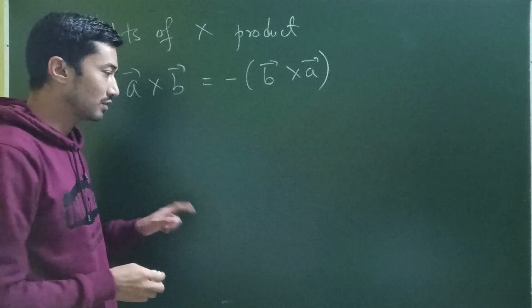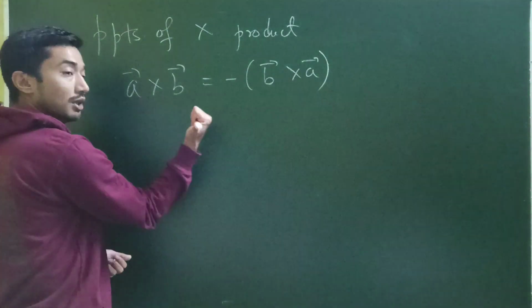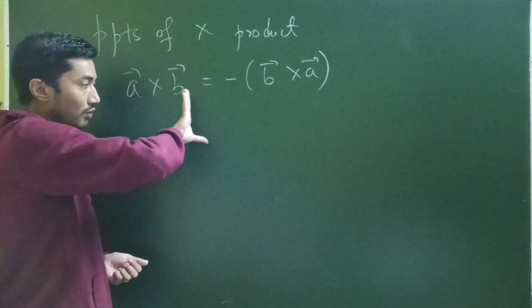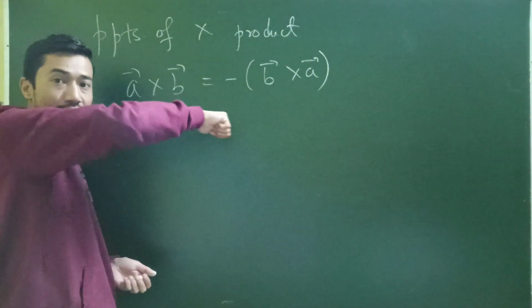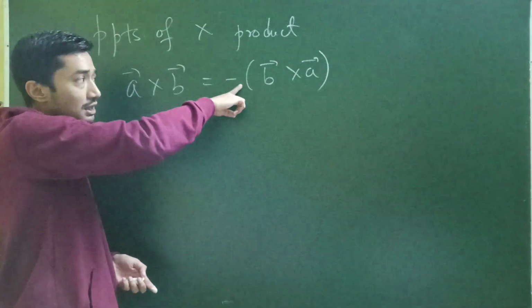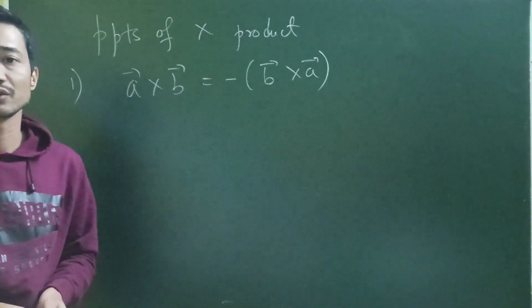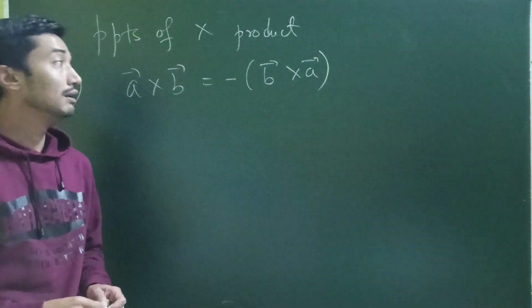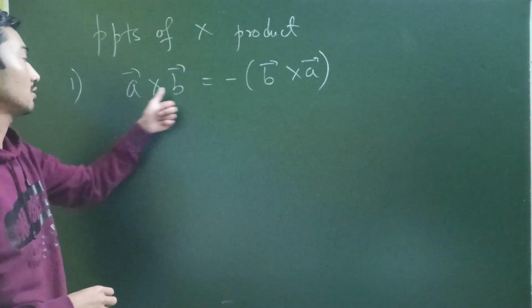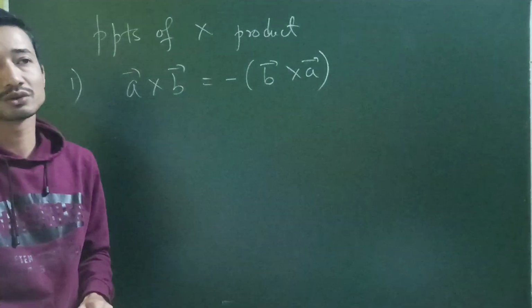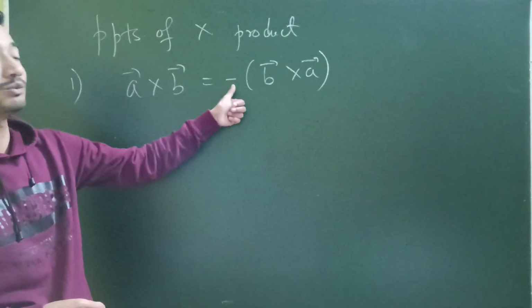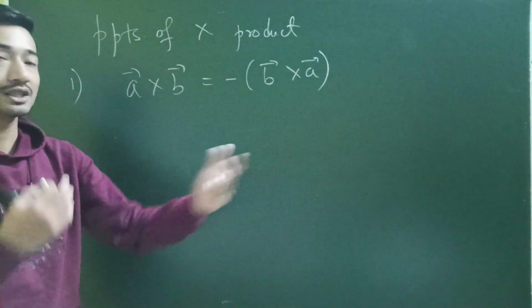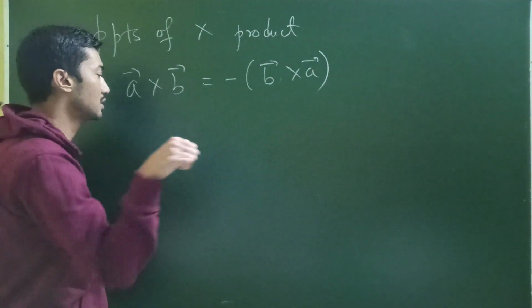When we go for the direction of A cross B, it will be pointing outwards, but when you go for B cross A, then it's going to be pointing inwards. That means the direction is going to be different. So the commutative property does not hold in vector cross products. So A cross B will not be equal to B cross A, rather it will be negative. That is, the direction will be reversing, inwards, outwards.